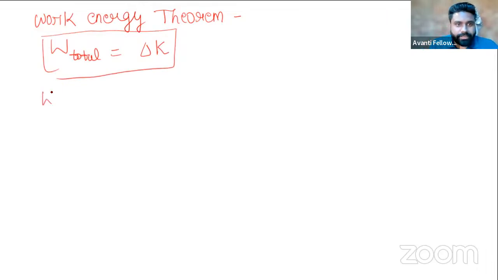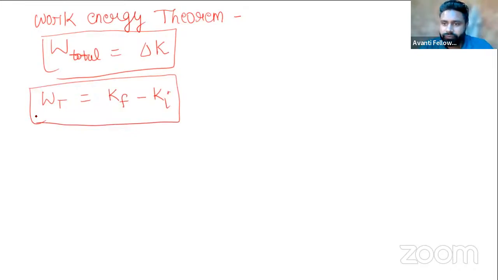You can also write it as work done total is equal to K final minus K initial. This is the formula for the work energy theorem.